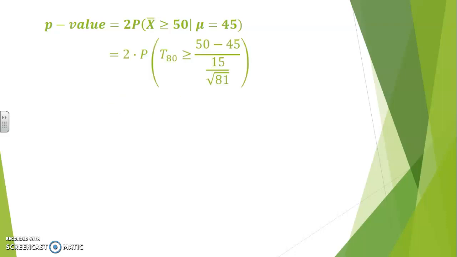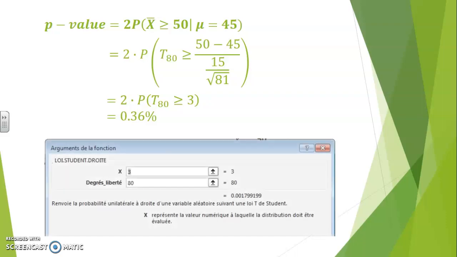If we do our conversion to t, where we subtract mu and divide by s over root of n, then we will find that our p-value is 2 times the probability of a student distribution law being greater or equal to 3. It's with the use of Excel that you can find this probability by going into t_dist as a function, or in French, loi student.